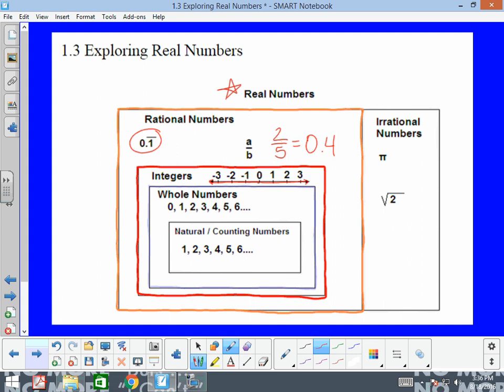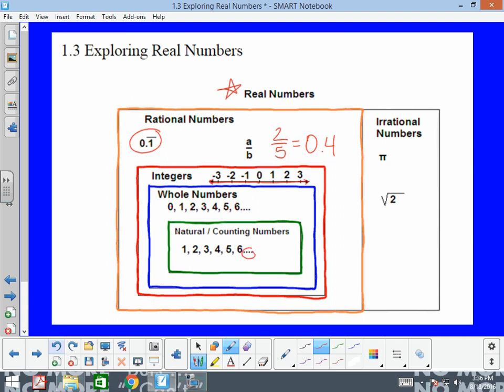So we have whole numbers, and that includes 0, and then all your positive whole numbers. Now notice that whole numbers also includes the natural numbers right here. So that box is containing a smaller box. All right, and then we have the natural numbers. The natural numbers would be 1, 2, 3, 4, 5, 6, your counting numbers. They go on forever. So remember, these dot, dot, dots mean it keeps going.